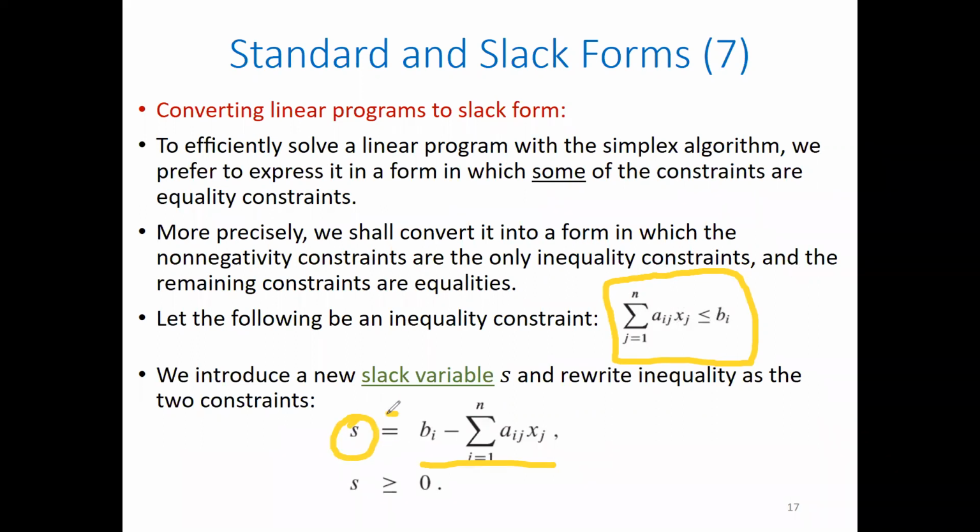I included a new variable s, which is non-negative, obviously, because the right-hand side is greater than or equal to the left-hand side. I include s as a new slack variable and redefine this constraint in the form of an equality. Is it clear? Any questions so far? Not yet, good.